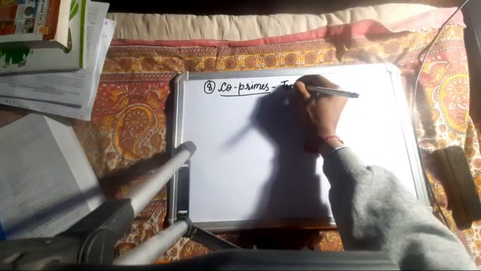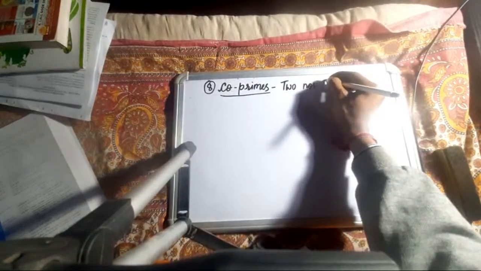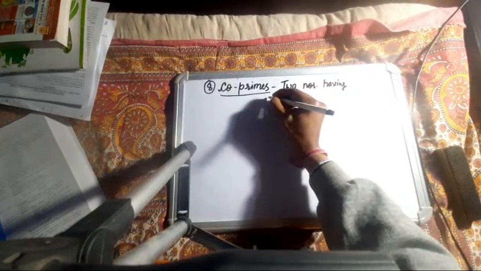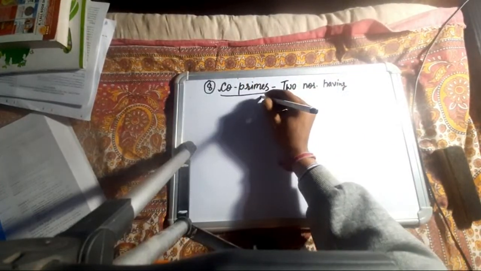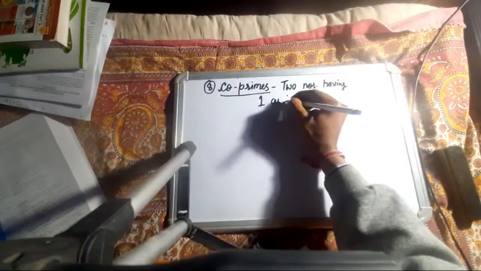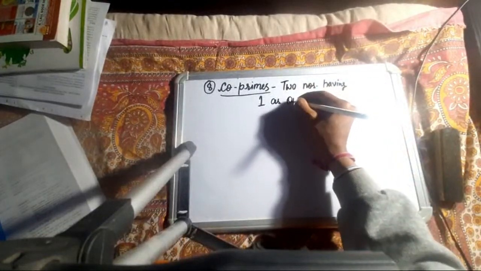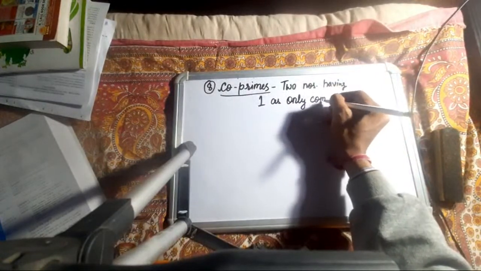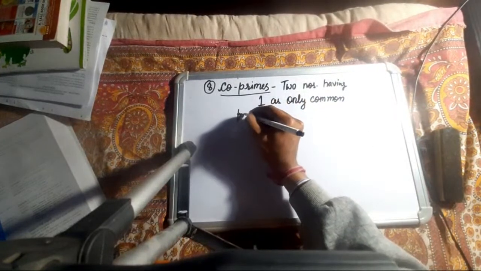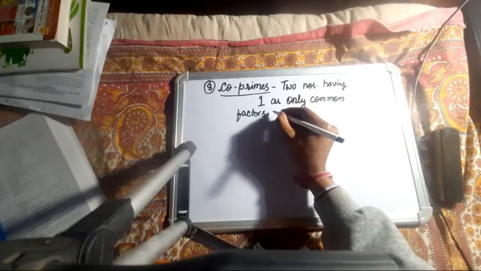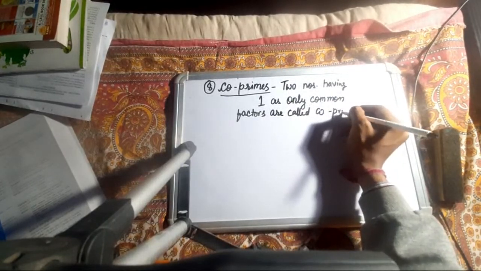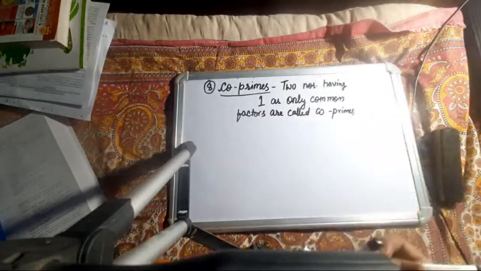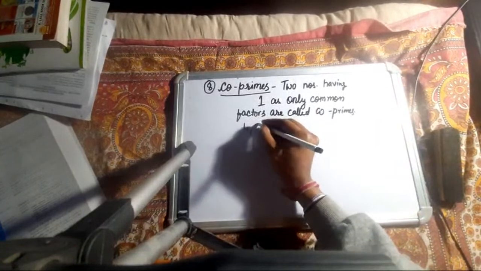So we could write that two numbers having 1, let us write in numerical value, as the only common factor are called co-prime or co-primes or co-prime numbers, like 4 and 5.